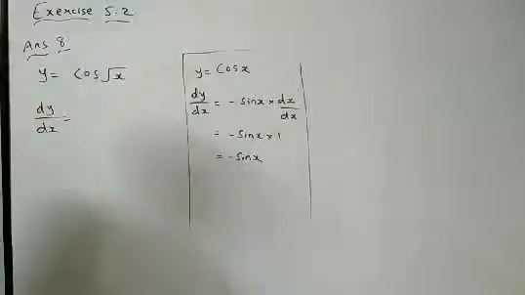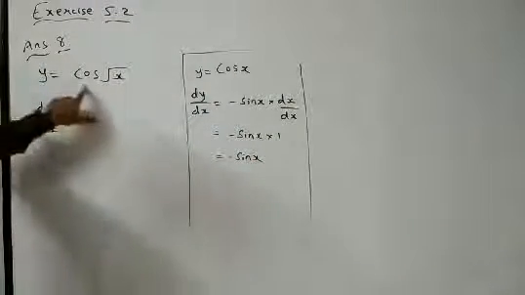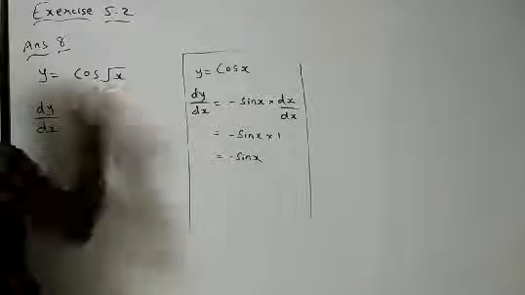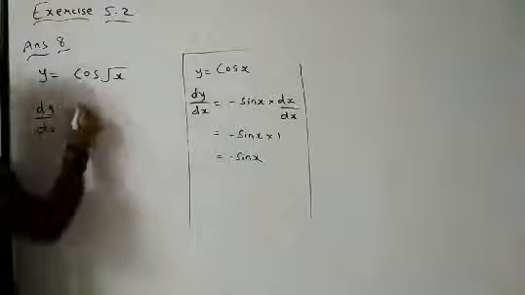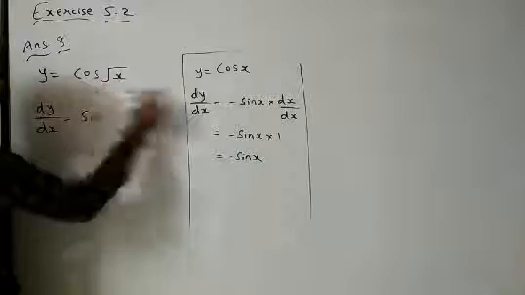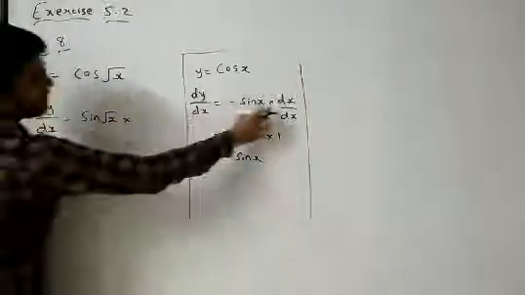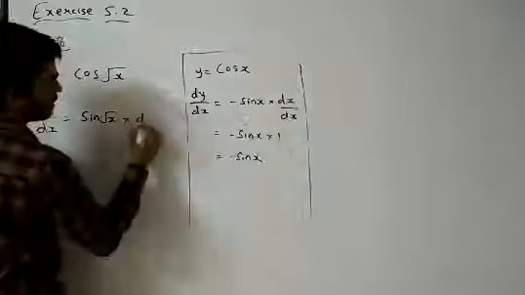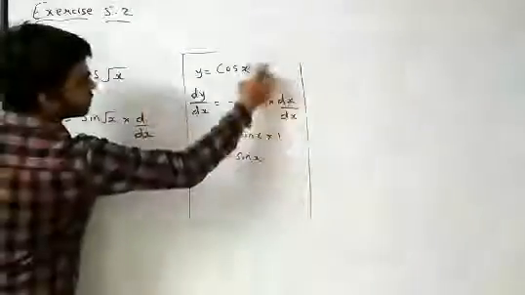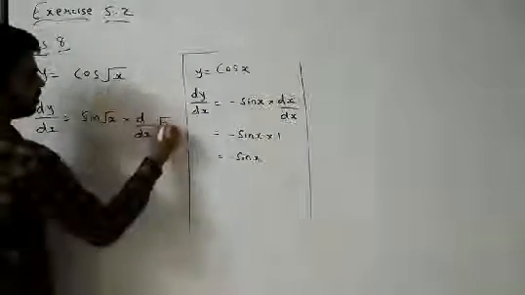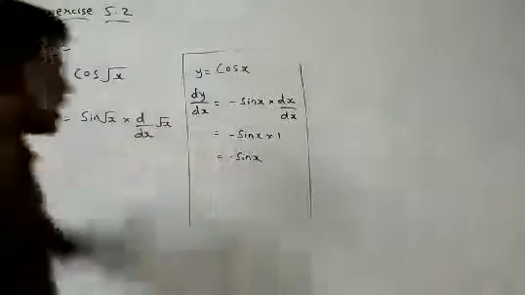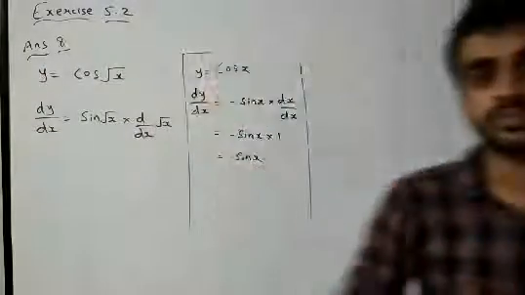So derivative of cos is minus sin, but here y is equal to cos under root x, so dy by dx, derivative of cos, that is sin, but x becomes root x, so sin root x, then derivative of this, dy by dx of this x, so here also root x. If you understand this, then the derivative is understood.